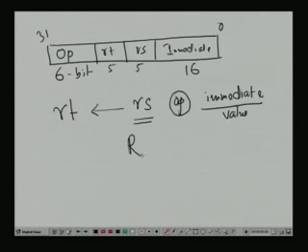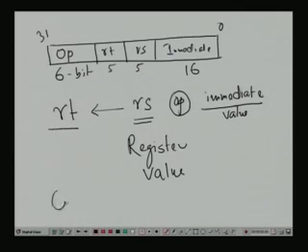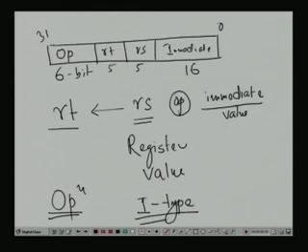This is the register value, this is the immediate value, and the two are operated on and moved to the destination register. So, this is the I type of operations, the I type.